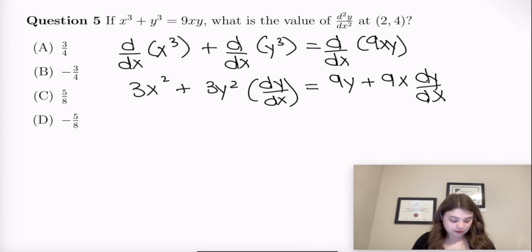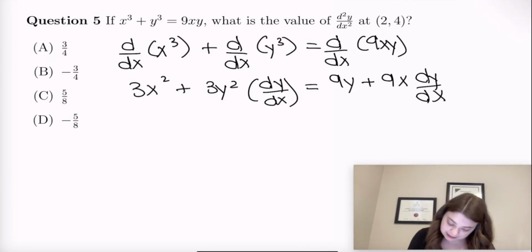All right, so next thing I'm going to do is we're going to solve for dy over dx. I know that's not the final thing we want, but we do have to find the derivative of y with respect to x in order to even have any chance of finding the second derivative of it. So I'm going to move everything with dy over dx to the left and everything without to the right.